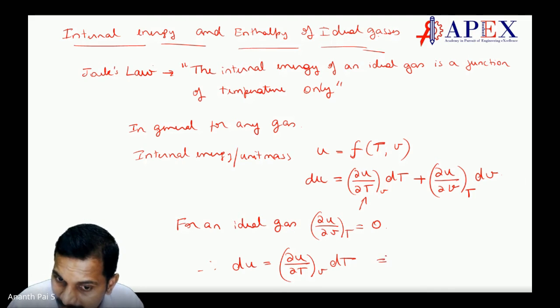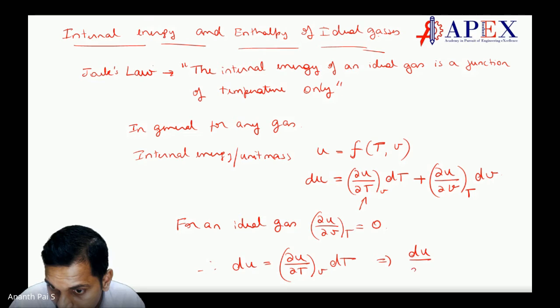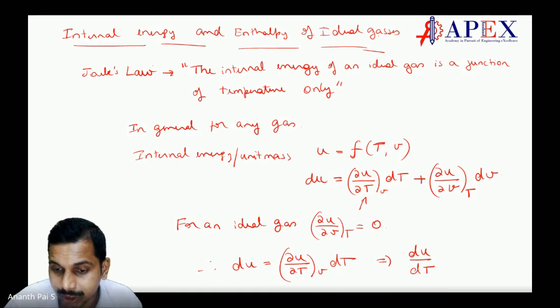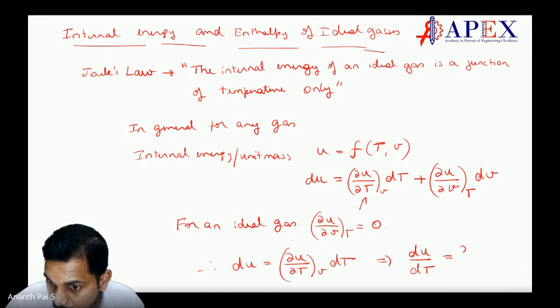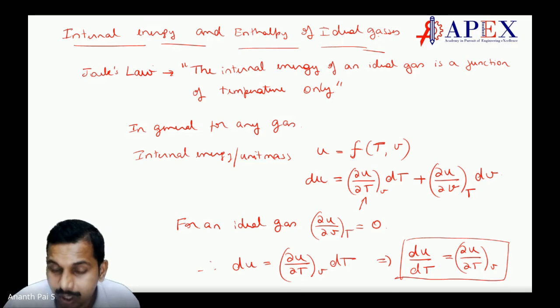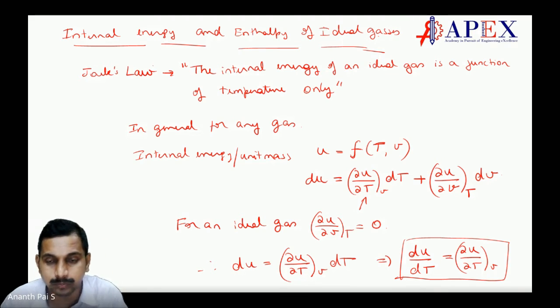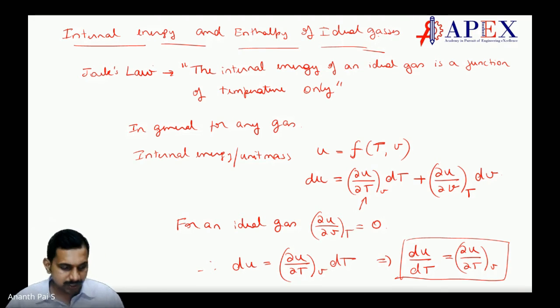Or I can say du by dT, change in internal energy per temperature, is equal to dou u by dou T at constant specific volume. Now this is called specific heat at constant volume. We will see that later. On the next page we will see more about specific heat at constant volume.